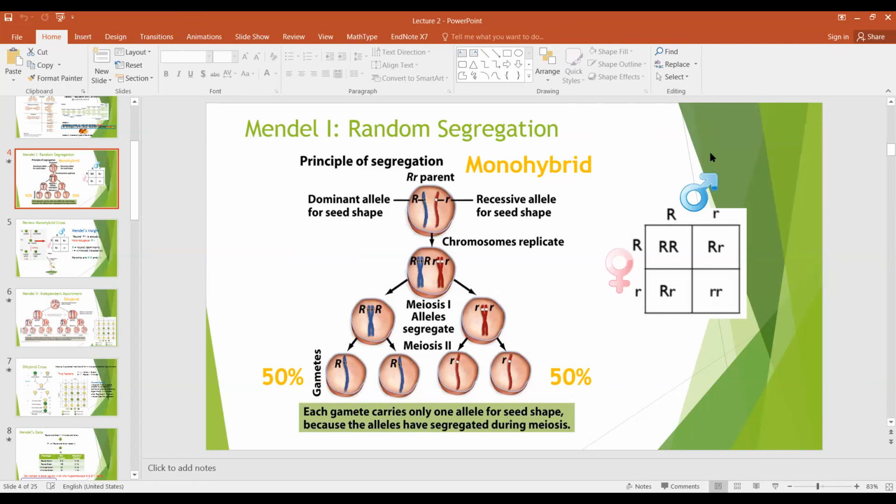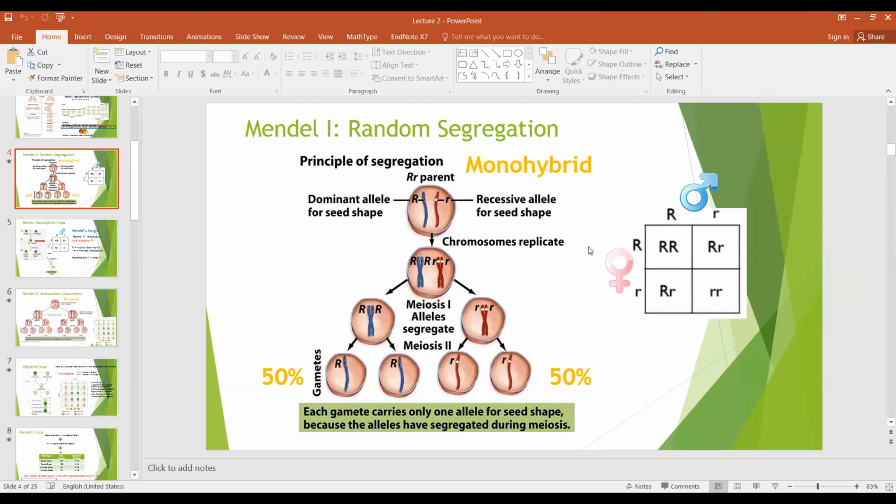That's why we say this is a single gene inheritance pattern. During meiosis, these two alleles, the two members of the same gene on the same chromosome, are going to segregate in a random fashion. So this is all about the first Mendelian law.